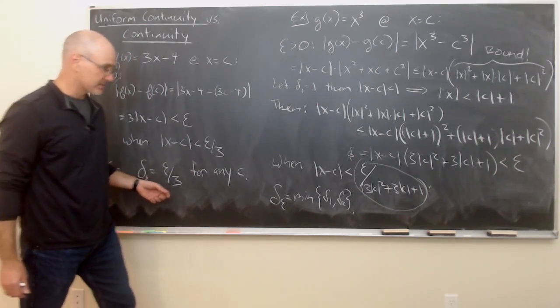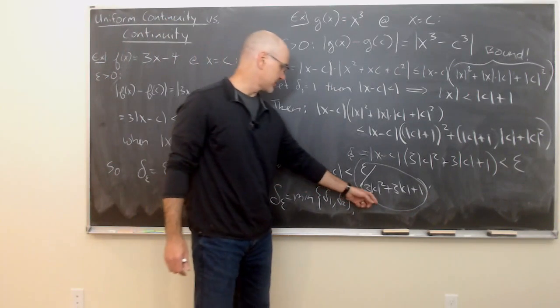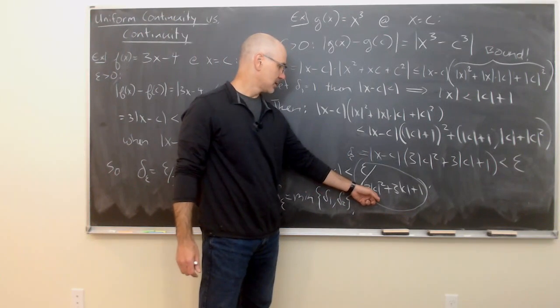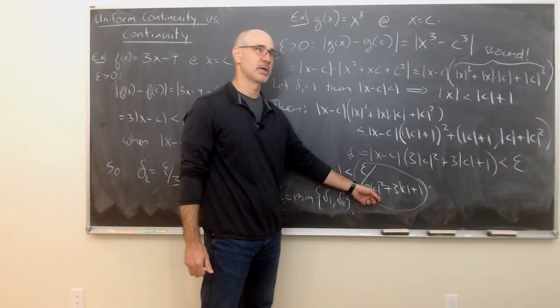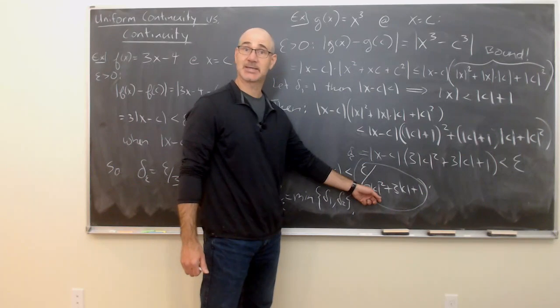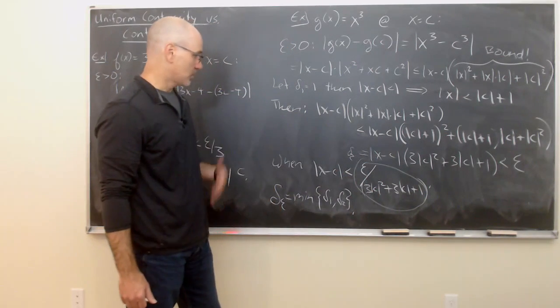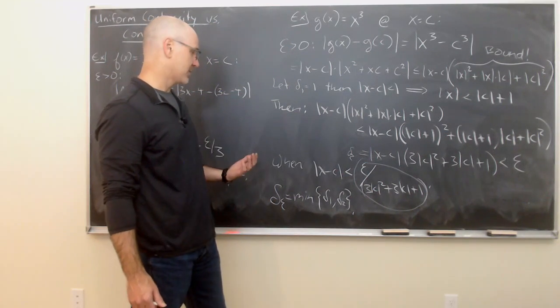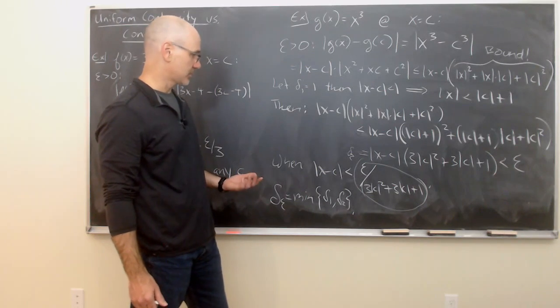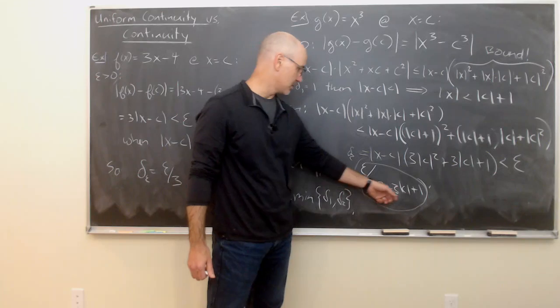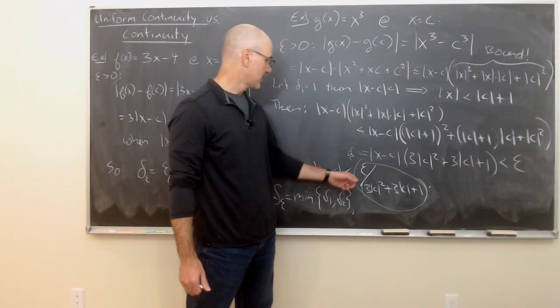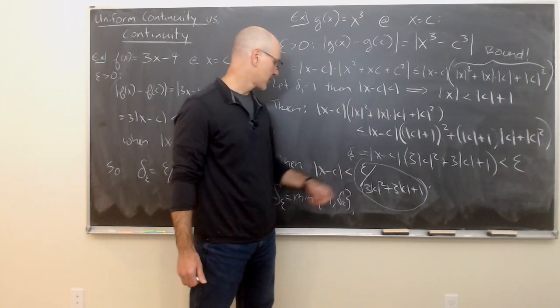And the important difference is that this delta for the function x cubed relies on the actual point c, right? It depends on which point you started with as to how small delta has to be. So, for example, if we were investigating the point c equals 0, then this delta 2 would be, well, 0 plus 0 plus 1, so it would just be epsilon.